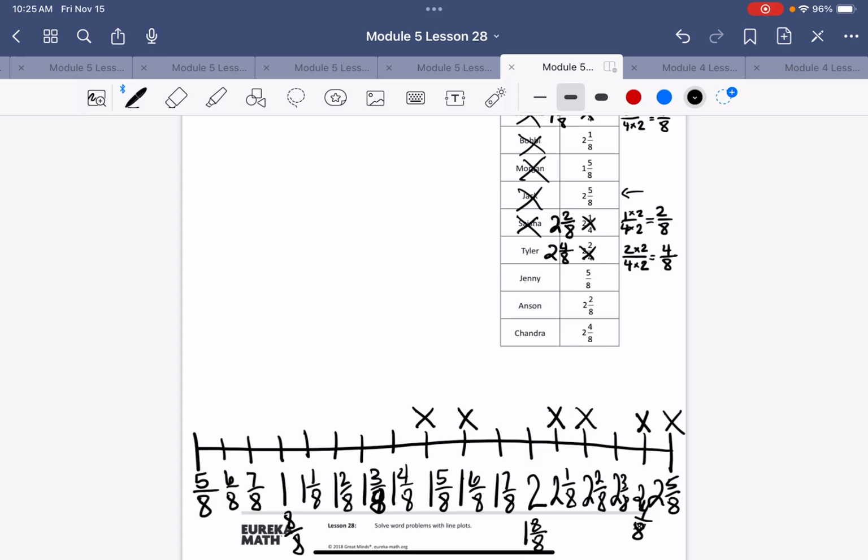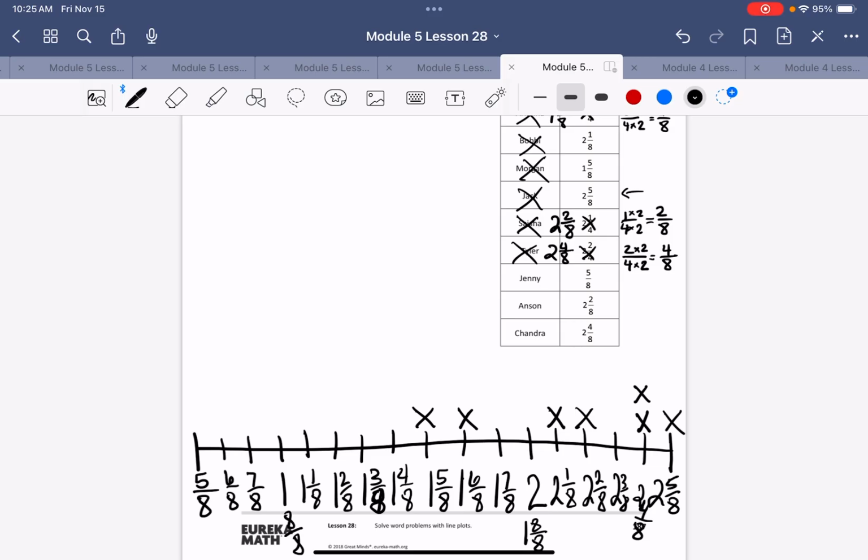I'm going to look at Tyler. Tyler has 2 4/8. So I find 2 4/8. We already have an X there, so I put another X on top of it. And then I can cross out Tyler. I look at Jenny, and Jenny had 5/8.